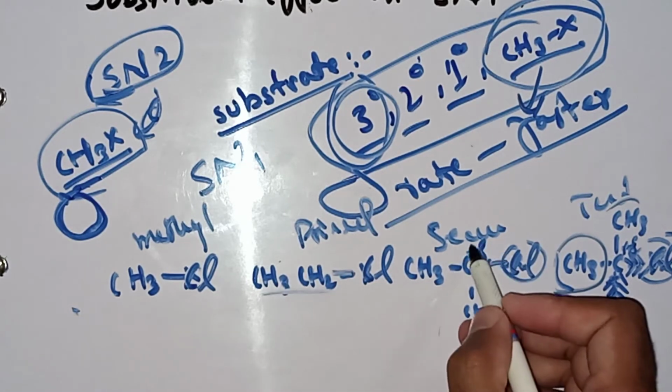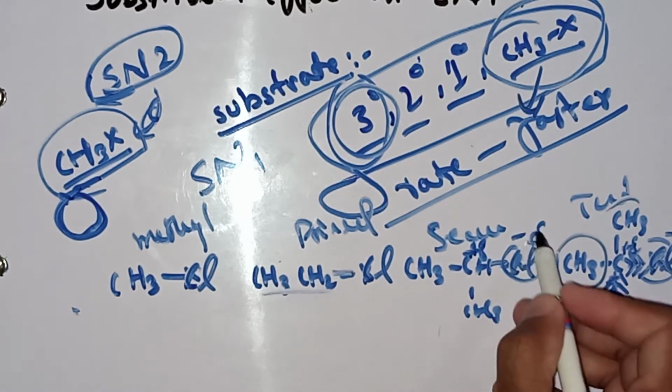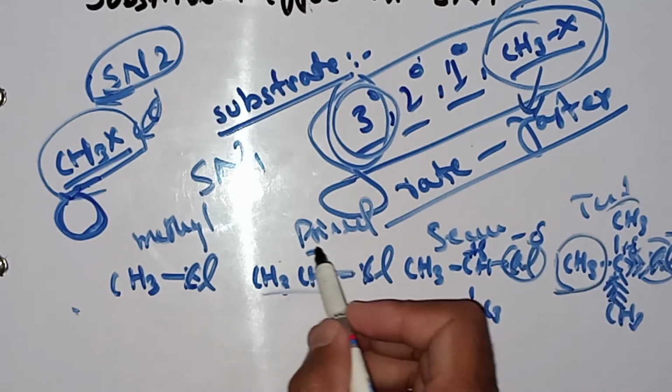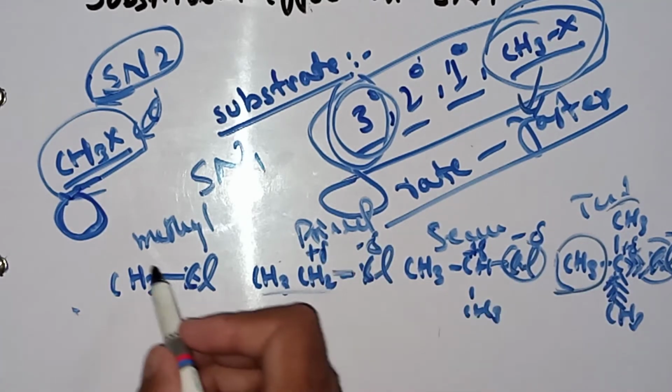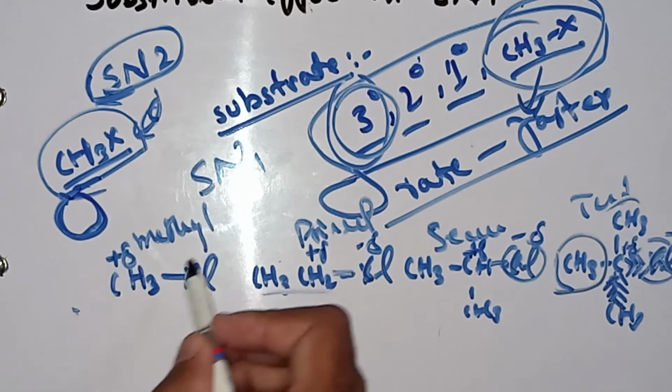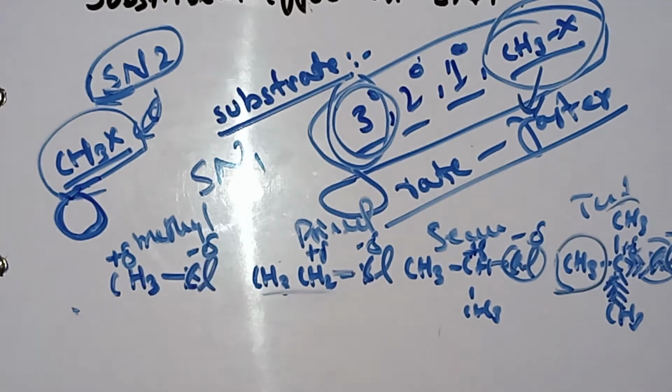The alpha carbon gets a partial positive charge, while the leaving group, chlorine, gets a partial negative charge due to the high electronegativity difference.